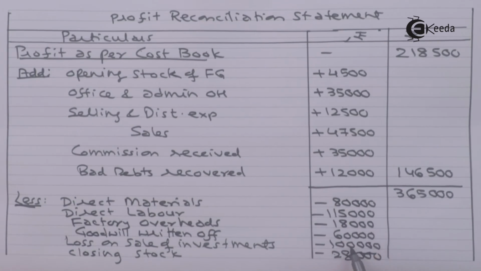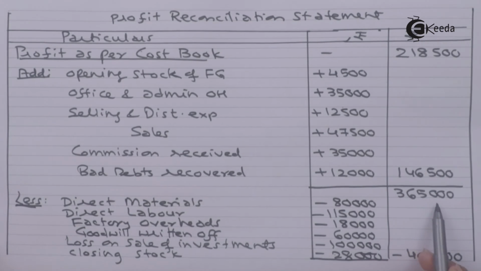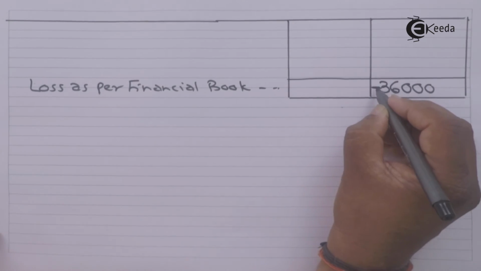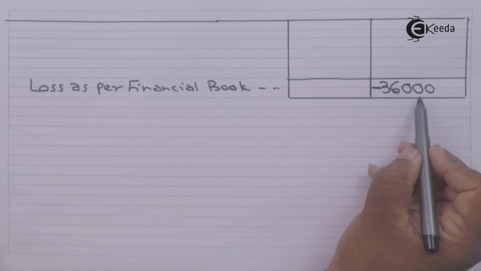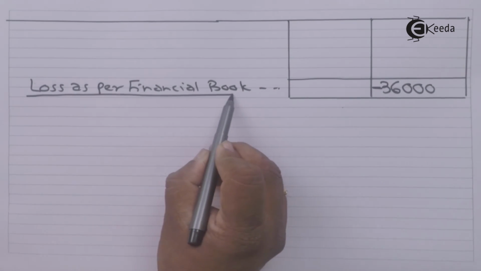Now we'll be adding these negative values. It comes to minus 4,01,000. This will be deducted from rupees 3,65,000. So it comes to minus 36,000. That is loss as per financial book.